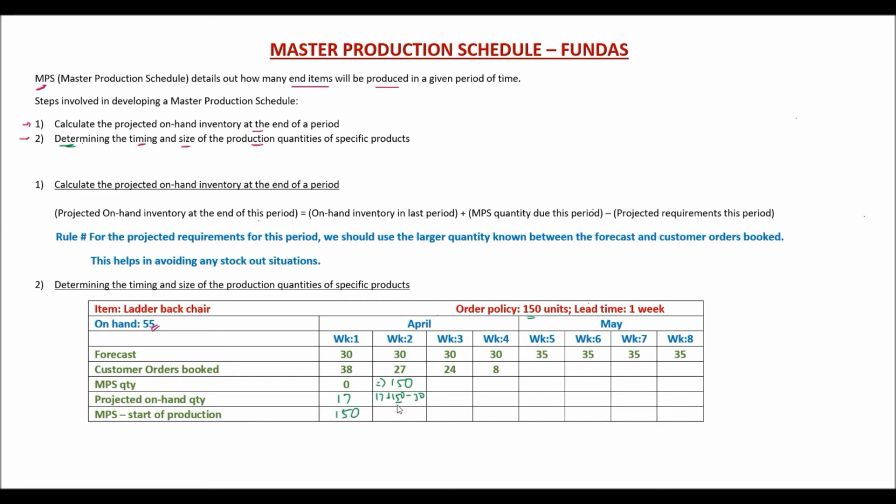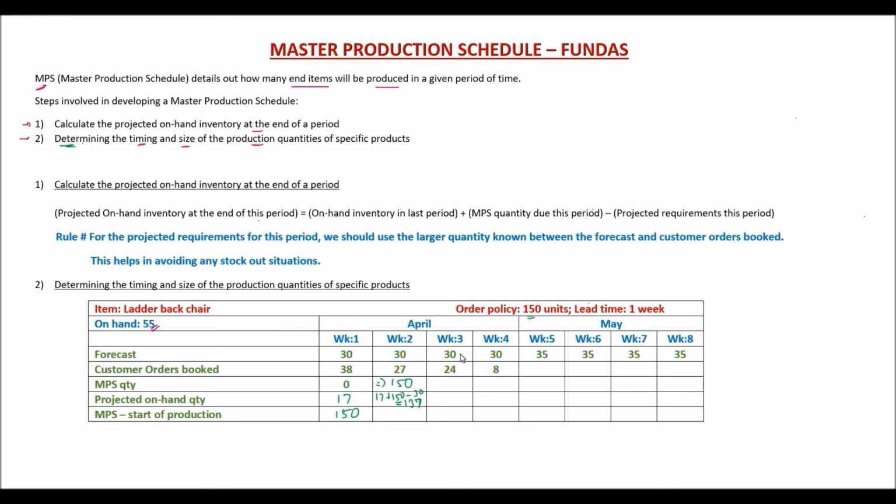So this becomes 137. So 137 is basically your on hand inventory at the end of week 2. Okay. Now we don't know what needs to be produced here until we know the situation in week 3.